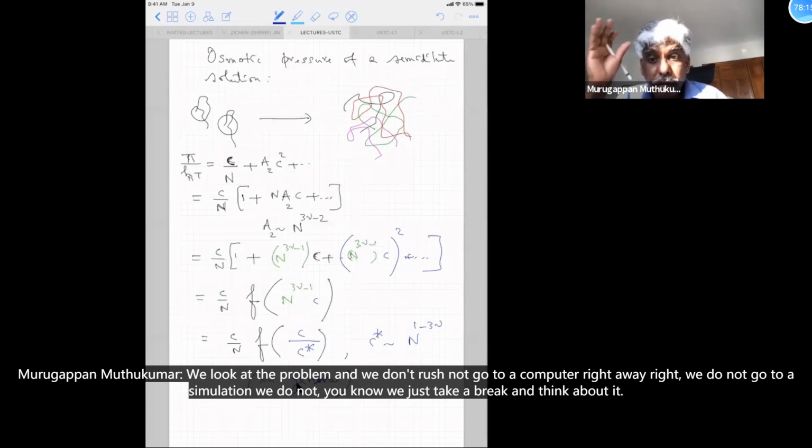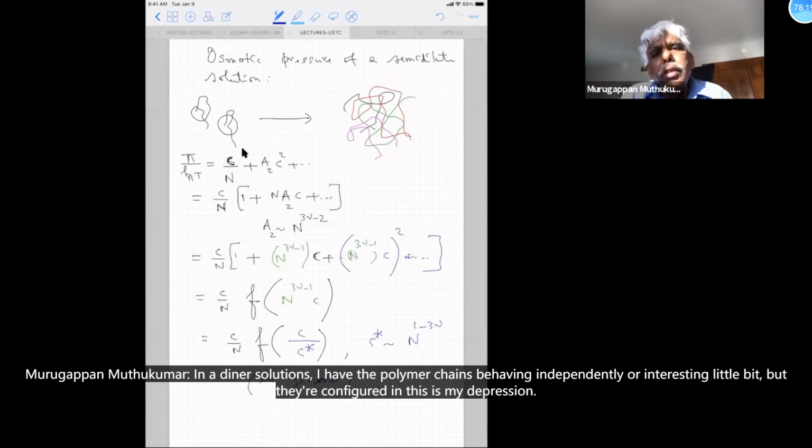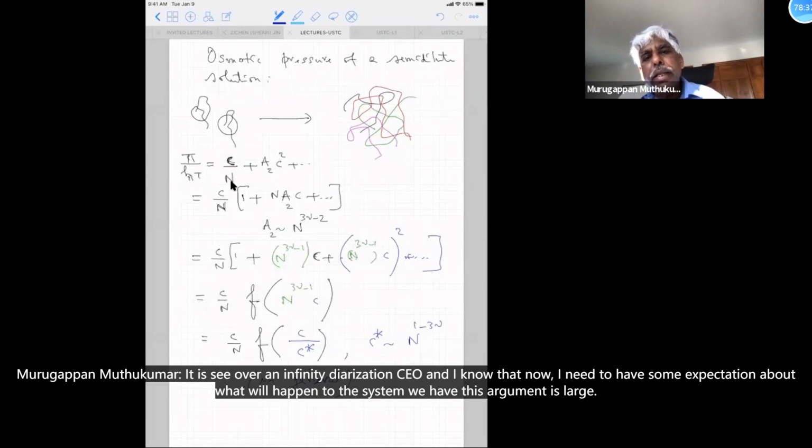We just take a break and think about it. In dilute solutions, the polymer chains behave independently or interact a little bit, but they contribute to the osmotic pressure. When I go to a semi-dilute condition, in general I know this is the functional form for osmotic pressure. I know in infinitely dilute solutions it is C over N.